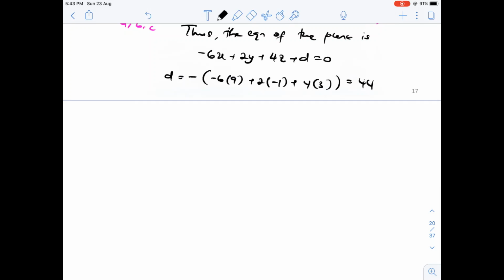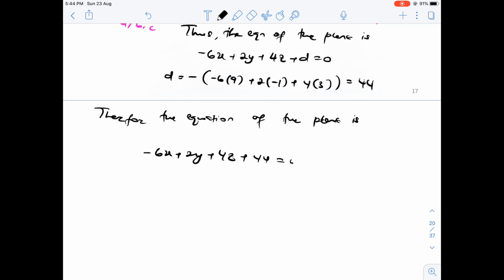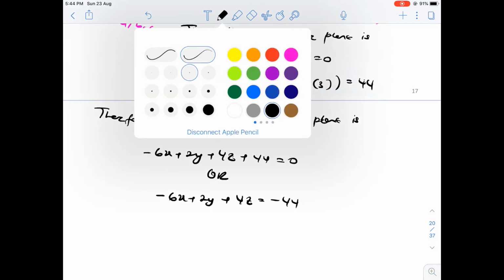Therefore, the equation of the plane is negative 6x plus 2y plus 4z plus 44 equals 0. We can also have negative 6x plus 2y plus 4z equals negative 44. Either one, both are correct.